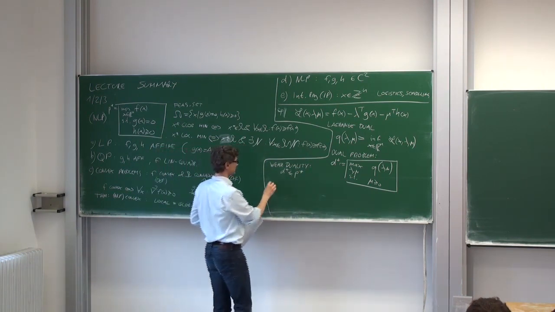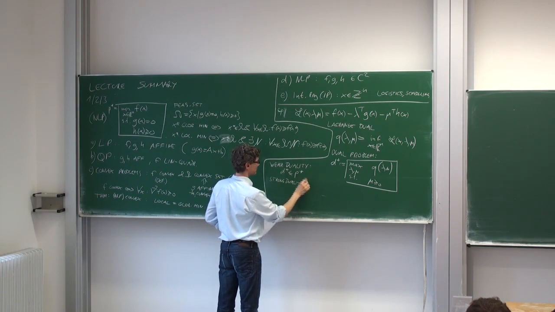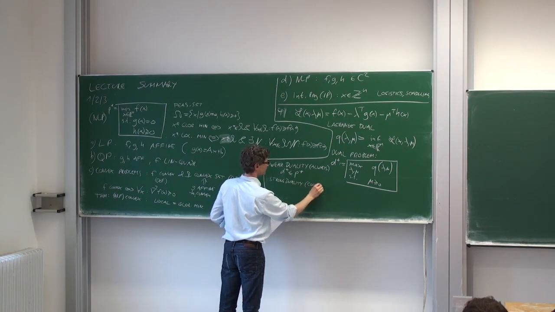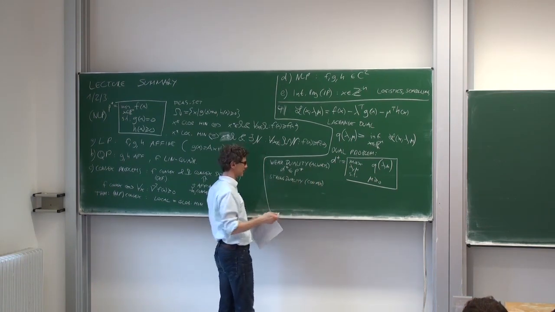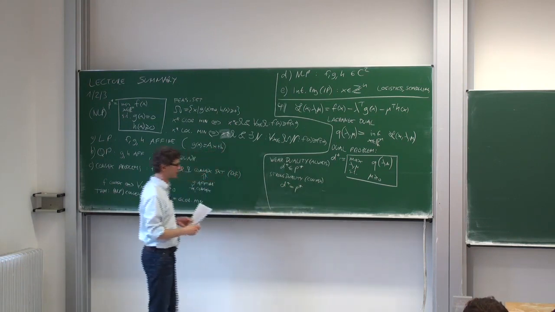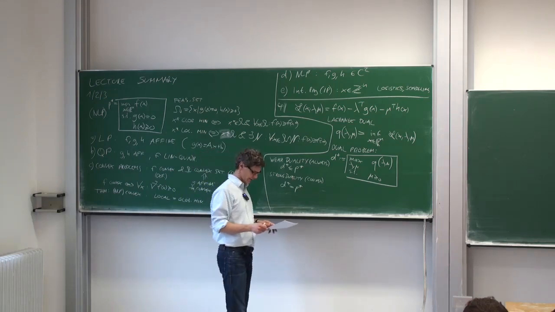There's also strong duality, and that holds for convex problems. Weak duality always holds, and strong duality holds basically for convex problems. There are some exceptions where it also holds in other cases, but the most important special case is convex problems, where strong duality holds and the two values are the same, and a lot of positive properties follow from that.